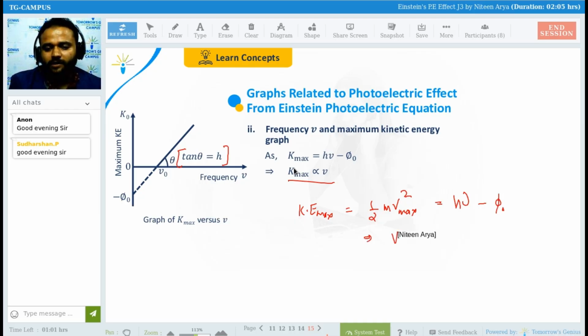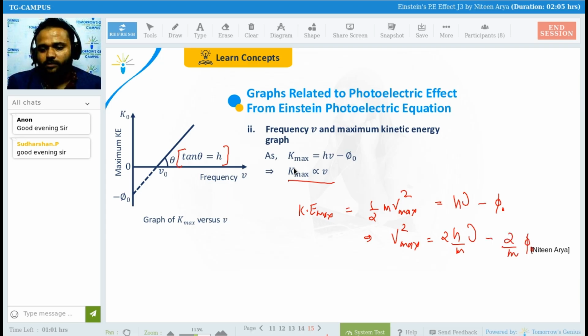So from here you can get the relation for v square max, the maximum velocity squared. I can put 2 also, but 2 is a constant, so let's forget about it, or you can multiply 2 on both sides. So it is 2h over m times nu, minus 2 over m phi naught.